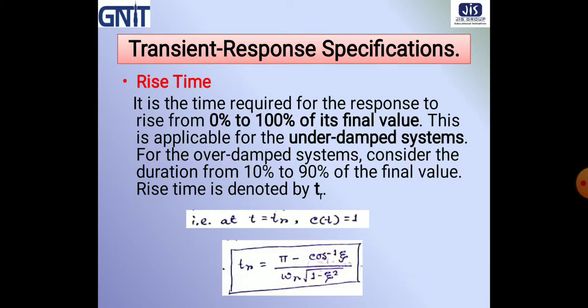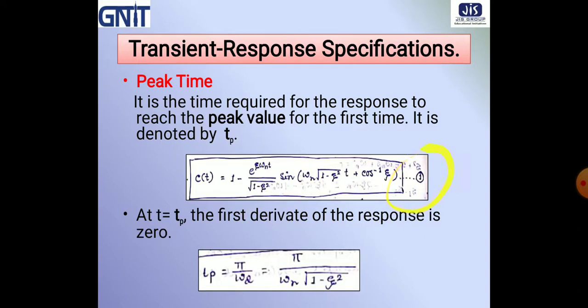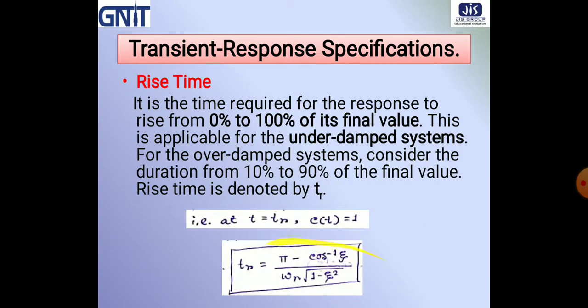So after applying this value to this particular equation, that is equation number 1, we can get Tr is equal to like this.